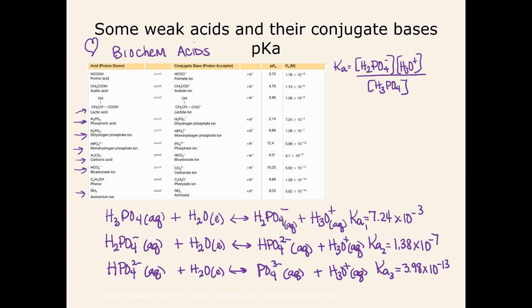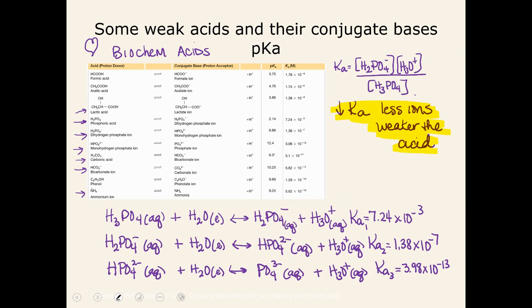And that's the important part of this slide: the smaller the Ka, the less ions, the weaker the acid. I can't stress how important it is to know that for things that we're going to do in biochemistry. So the smaller the Ka, the weaker the acid.